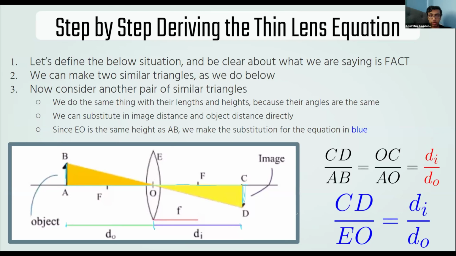By doing so, we create two triangles with that middle line that divides our lens in half. And those two triangles are made with the same angles. If you remember from geometry, whenever you have two lines like this, the angle right here and the angle right here are the same angles.